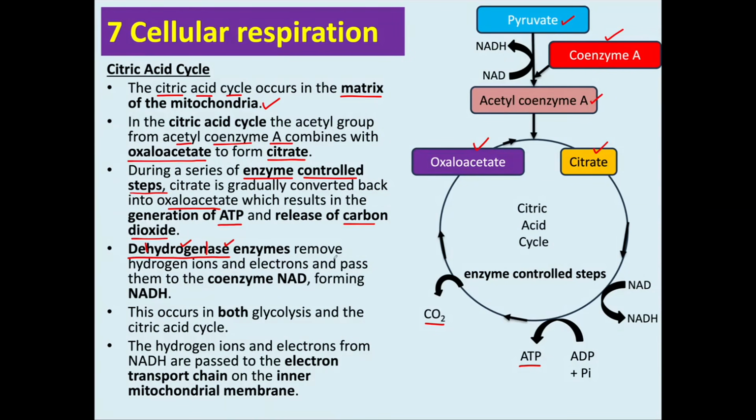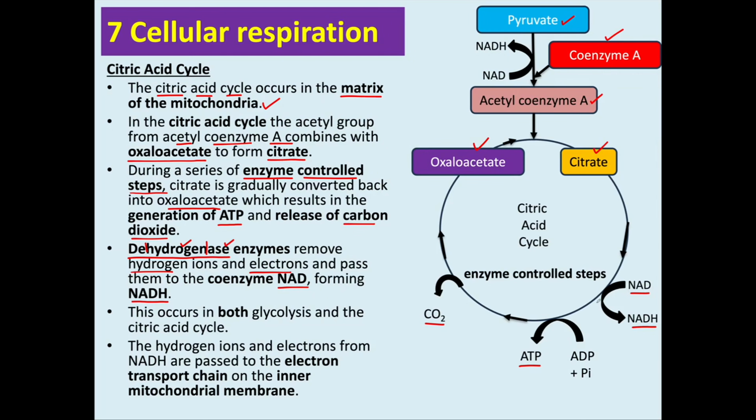What it does is it removes both hydrogen ions and electrons from the molecules in the citric acid cycle, and it then passes them onto a coenzyme called NAD, and when that combines with the hydrogen ions and electrons, it forms another molecule called NADH, and we can see that happening over here. So the dehydrogenase enzymes will be working right in this area to remove hydrogen and electrons and then combine those with the NAD to form NADH.